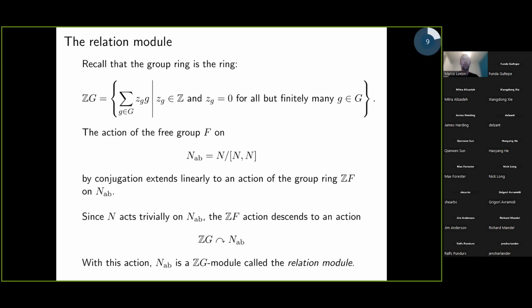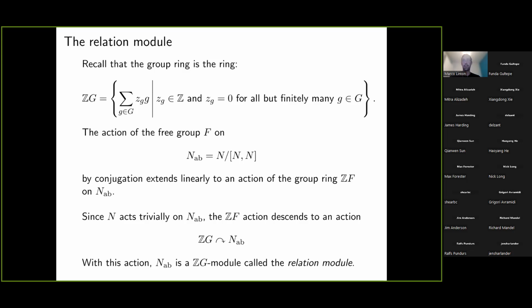So we have a ring. Now we want a module, and for a module we want an abelian group. The natural abelian group to take is the abelianization of this normal subgroup which presents our group G. Now we need an action. The free group acts on this abelian group by conjugation.